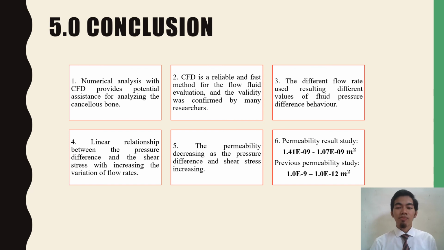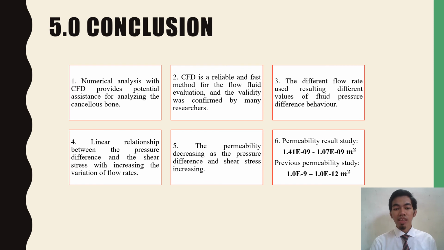Next, the different flow rates that have been used result in different fluid pressure behavior. A linear relationship was found in this study between the pressure difference and the shear stress, with increasing variation of flow rate. The permeability decreases as the pressure difference and shear stress increase.